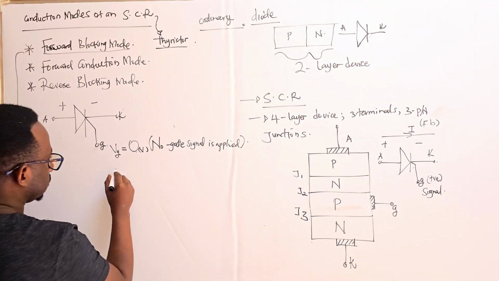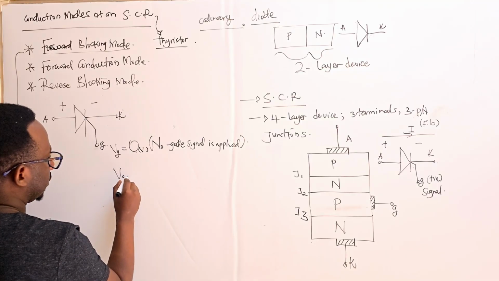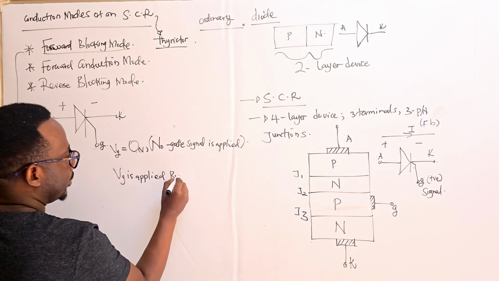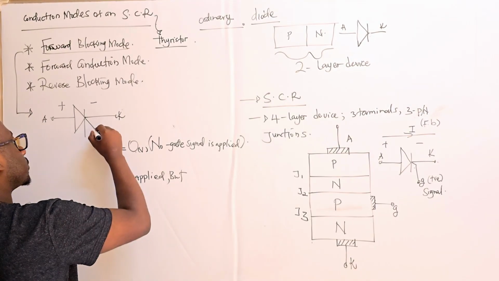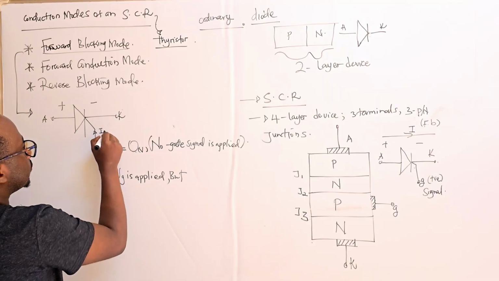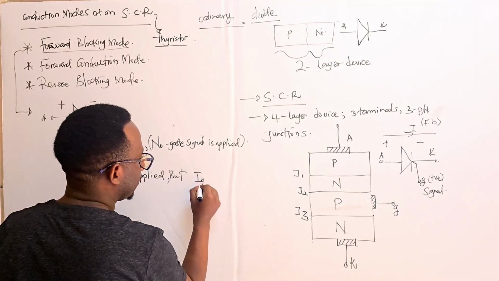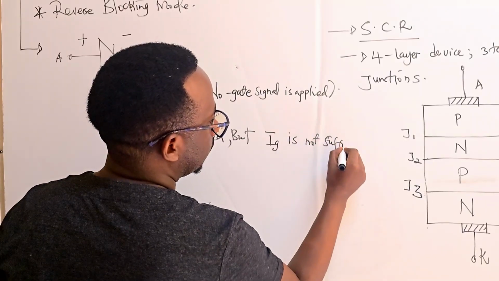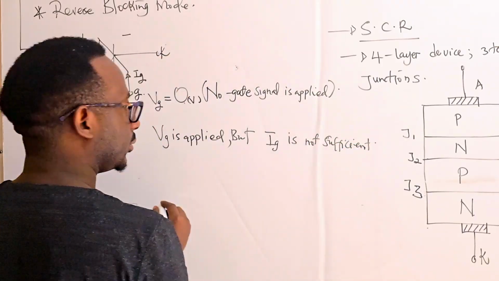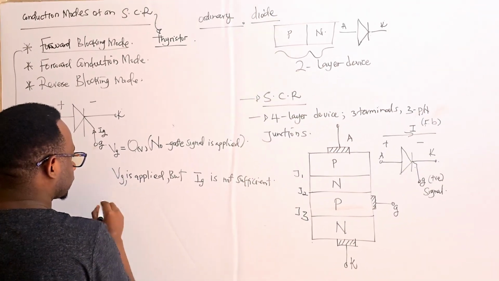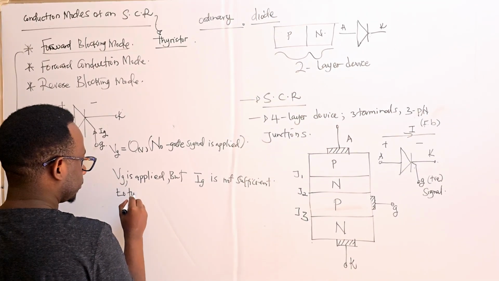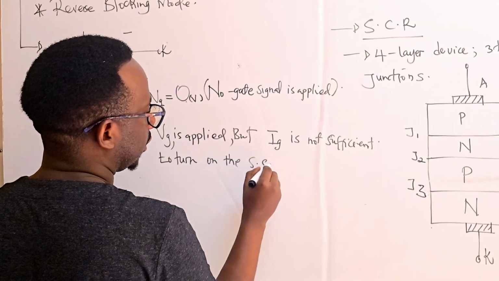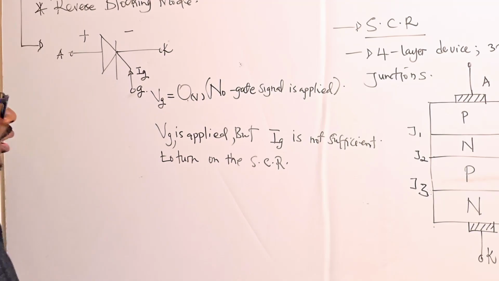Scenario 2, VG is applied, but IG is not sufficient to turn on the SCR.